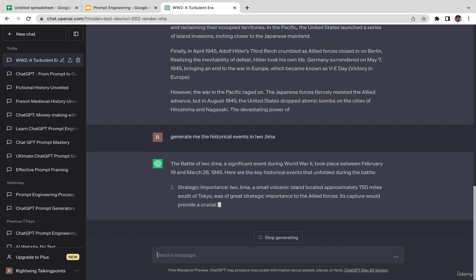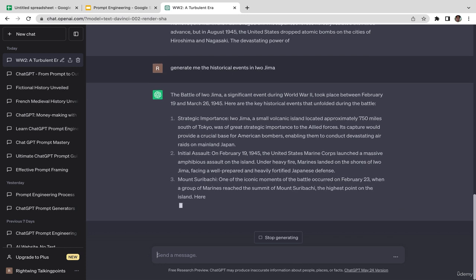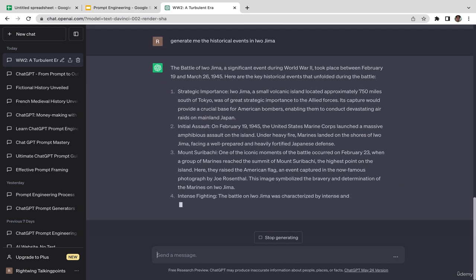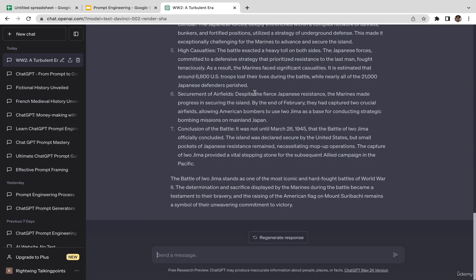See? As you can see, if we are being specific, ChatGPT is going to generate what we want, right? So that's the reason why we need to be more specific, but at the same time you need to keep this in mind. If your prompt is too specific, then most likely you're going to put limitations on ChatGPT creativity, right? So just make sure you keep that in mind.